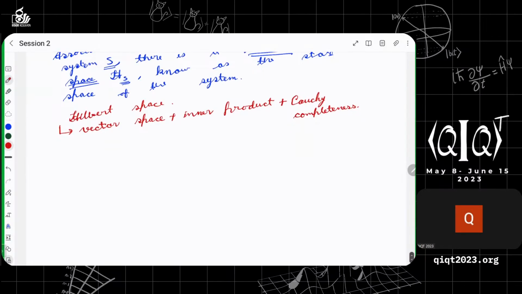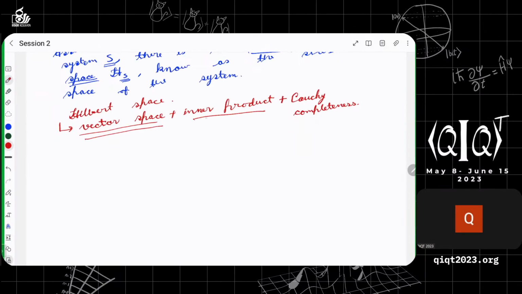Vector space we have already learned, inner product we have learned. Now, what is this Cauchy completeness? In order to understand Cauchy completeness, we need to understand something called the Cauchy sequence.